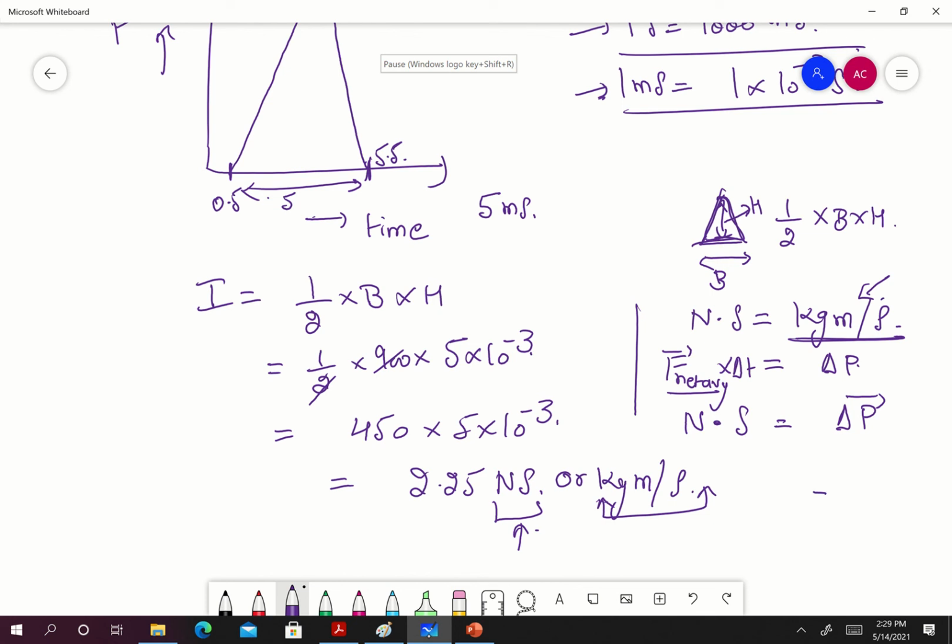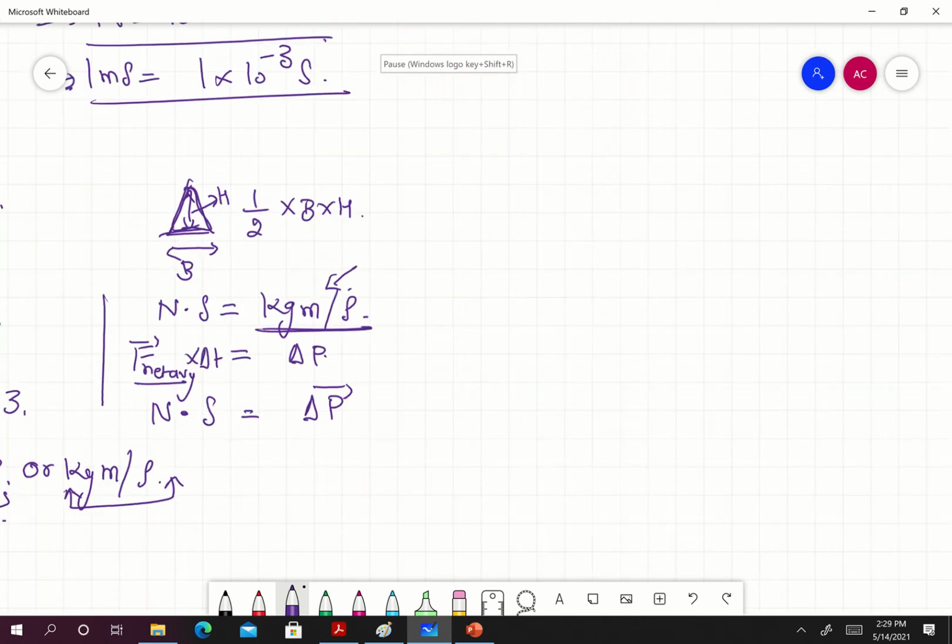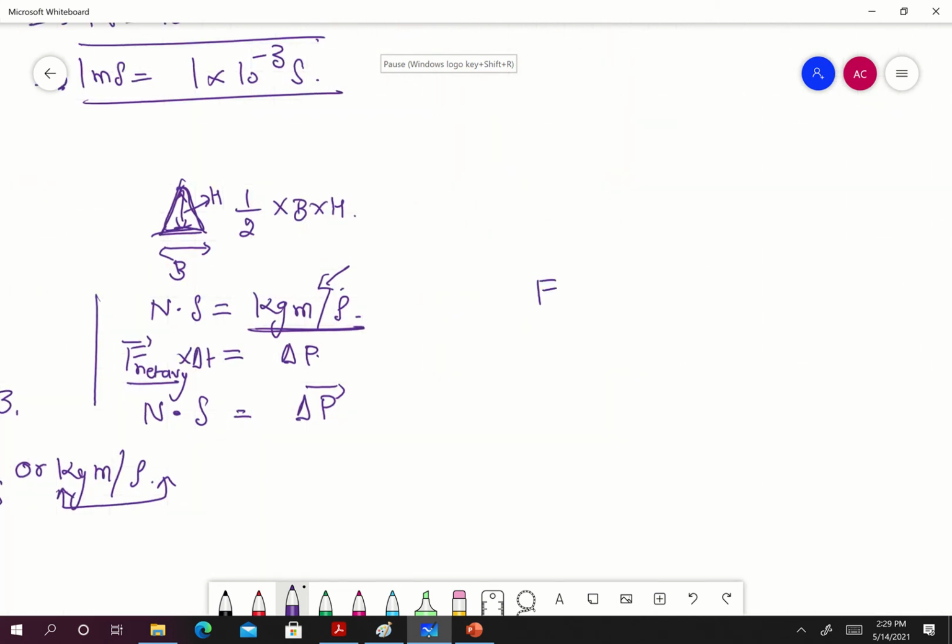Or another way of looking at this is, F, the unit of force is newtons, and if I elaborate on these units, force is also equal to mass times acceleration, and the units are kg meters per second square, and that is the unit of force.